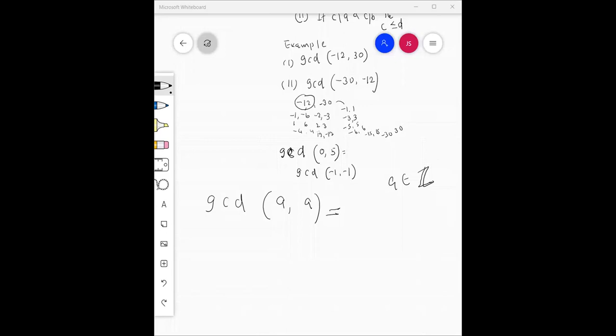Be careful. Is the answer A? Yeah, I think someone wrote the correct answer. It is not A, because in that case GCD of minus 1 and minus 1 would be minus 1, but it is not. It is plus 1, right? So this is equal to modulus A. That means if A is negative, the positive one is the greatest common divisor, right?